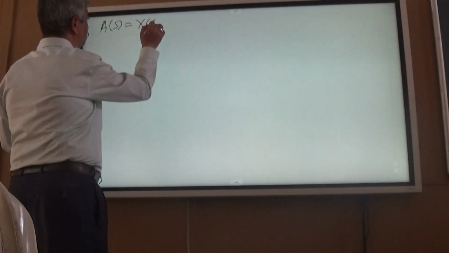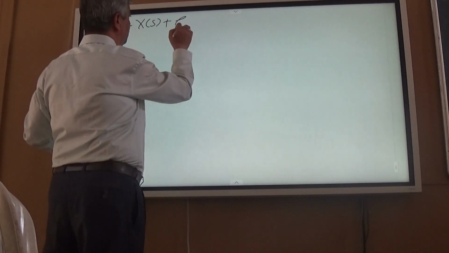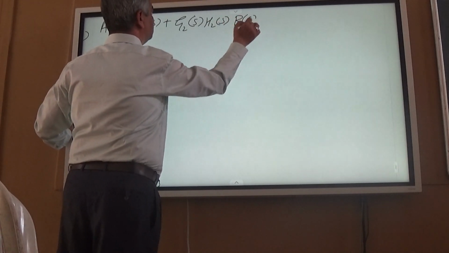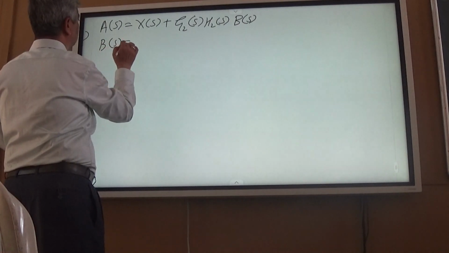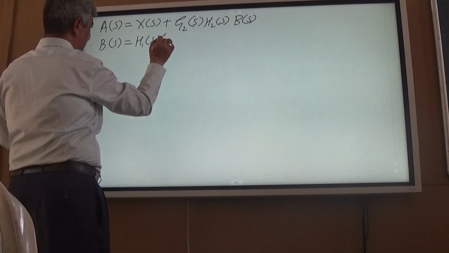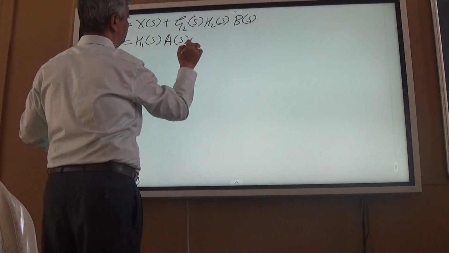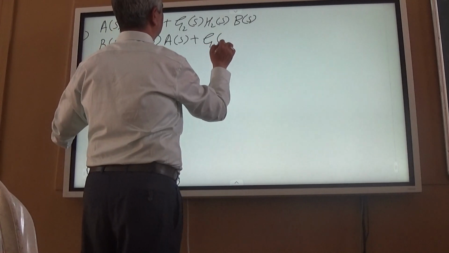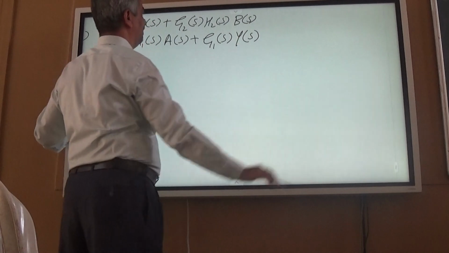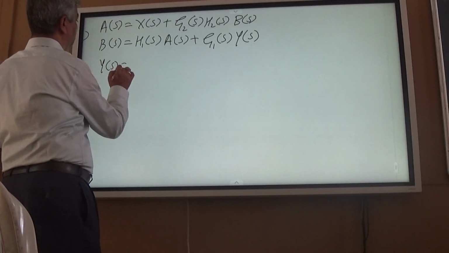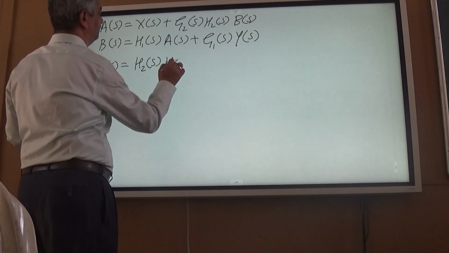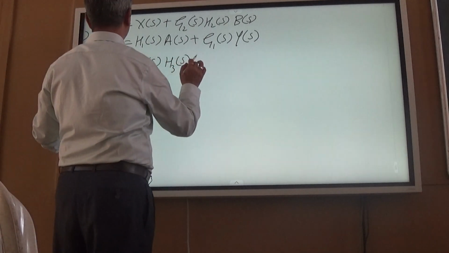A(s) is equal to X of s plus G2(s) H2(s) B(s). What is B(s)? H1(s) A(s), right, plus G1(s) into Y. And further what did we write? Y is equal to H2(s) H3(s) into B.